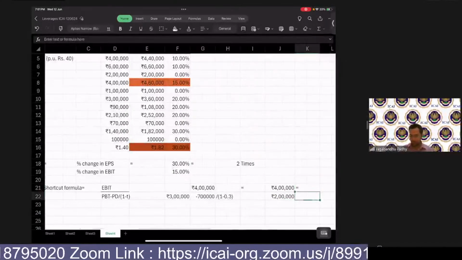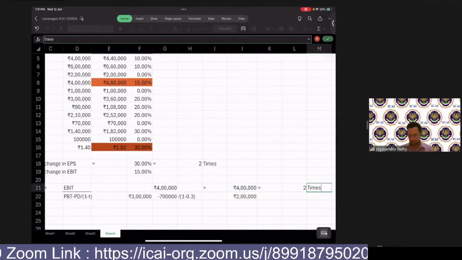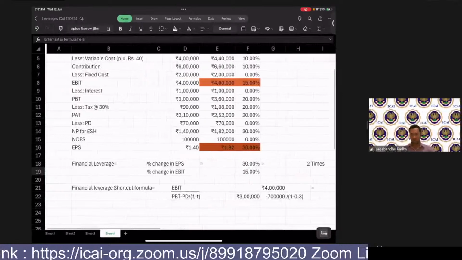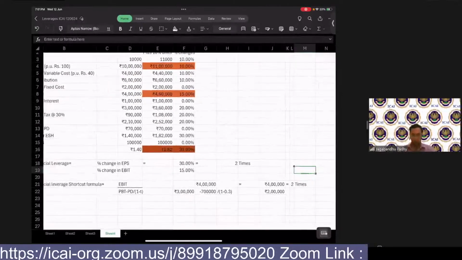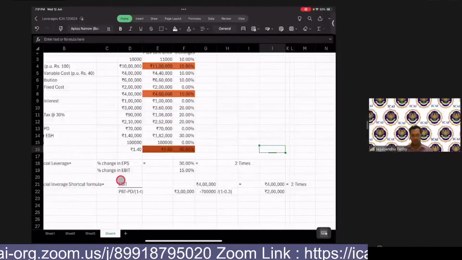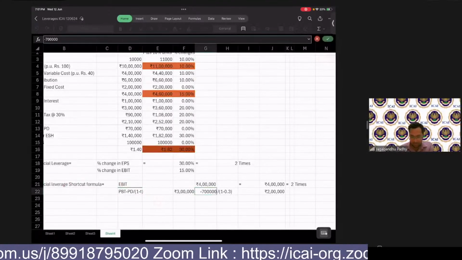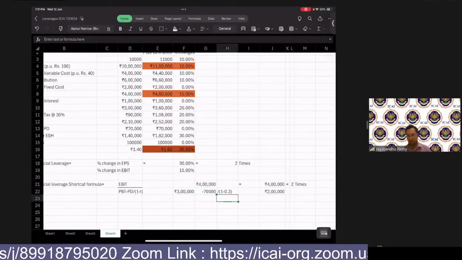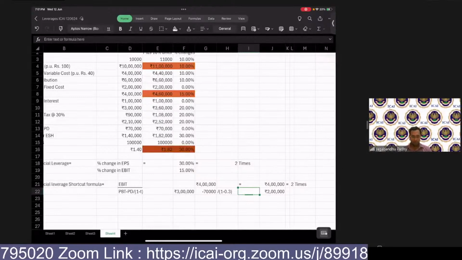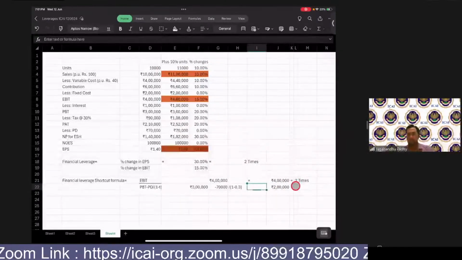Finally, this shortcut formula will also work, provided we use it properly. So the shortcut formula is also working for financial leverage. This is EBIT upon profit before tax minus preference dividend divided by 1 minus T. That's your financial leverage shortcut formula.